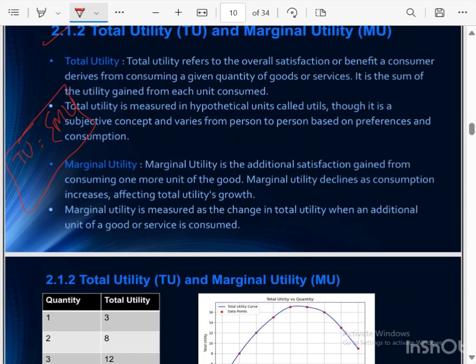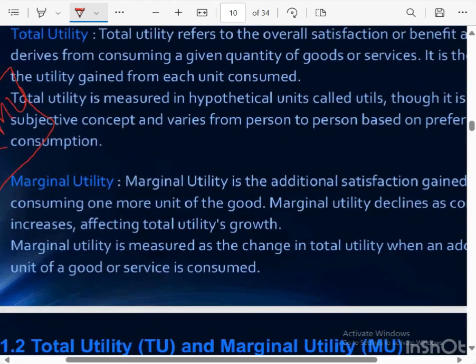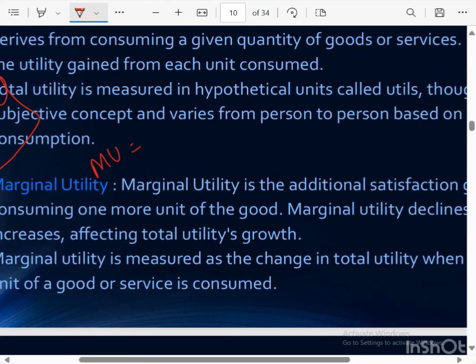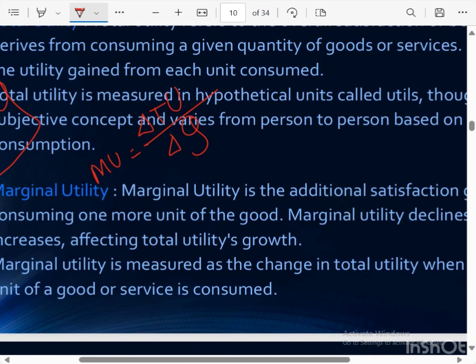Here we can write a formula like this: marginal utility is equal to the change in total utility of Q. So we can see when marginal utility is 0, then total utility is at its maximum. Beyond this, marginal utility becomes negative, leading to disutility.